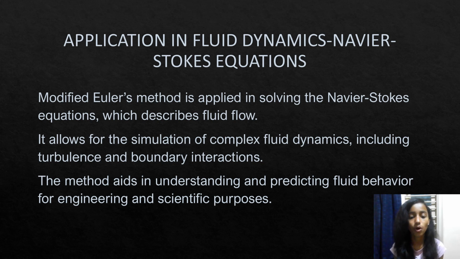Modified Euler's method offers a balance between accuracy and computational efficiency in solving Navier-Stokes equation. It is particularly well suited for time-dependent flows where the fluid behavior changes over time. This method also allows for incorporation of boundary conditions, which is crucial in accurately modeling real-world fluid flow scenarios.